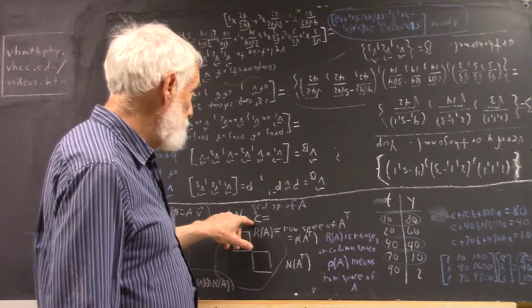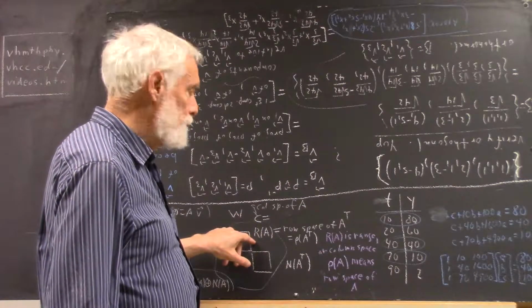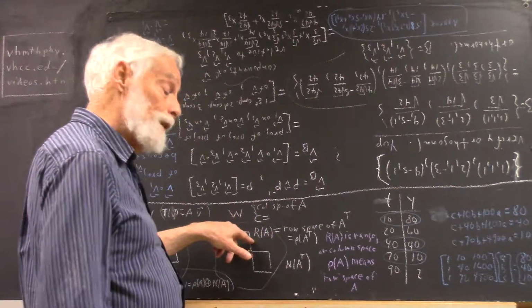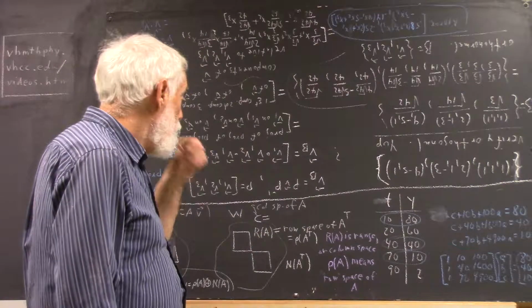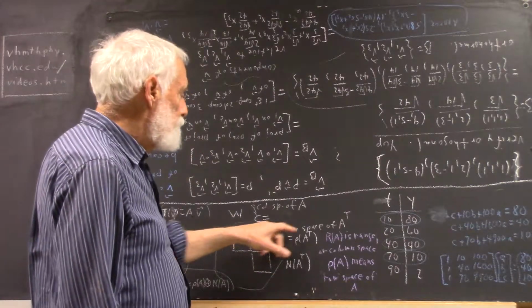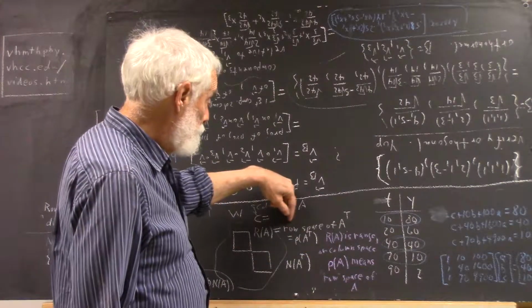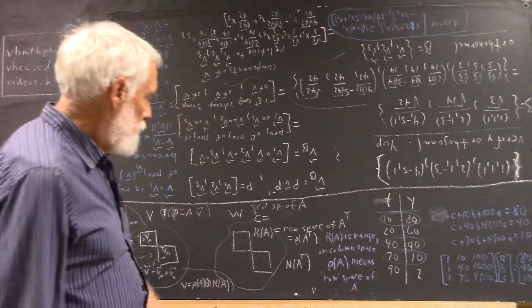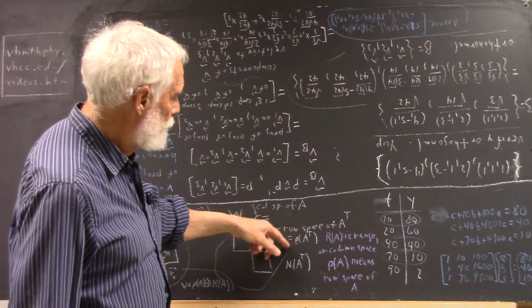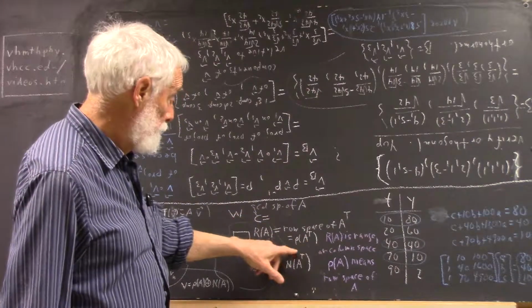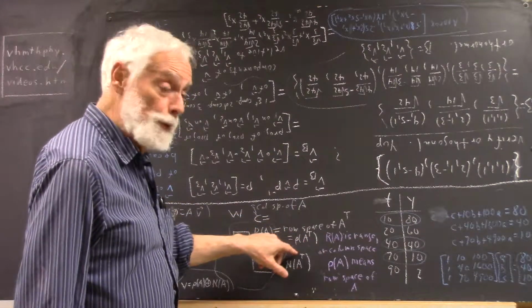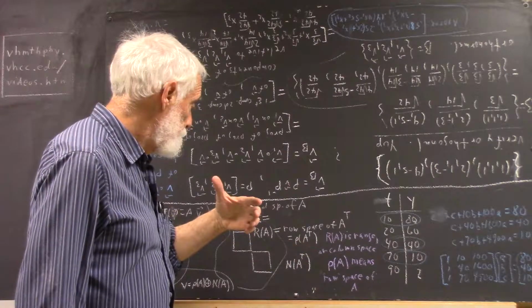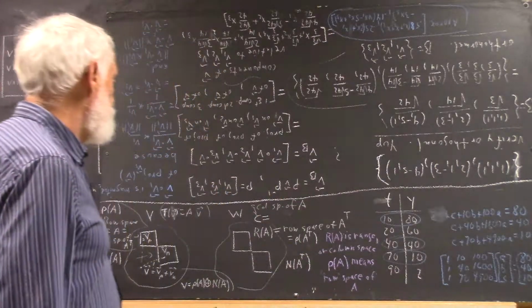So the column space is the range of A. And it turns out it's very easy to see that this is the row space of A transpose. We can write that with the Greek symbol rho applied to A transpose, because this is the symbol that gives us the row space.